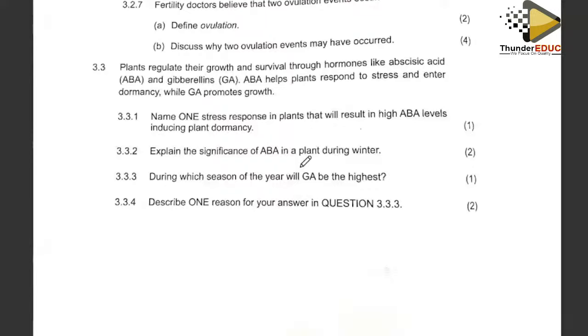Name one stress response in plants that will result in a high abscisic acid level, introducing the plant to dormancy. So, what can I say here? They're saying that they just want one stress response. So here it could be availability of water, it could be parasites, it could be the coldness, it could be the level of light, it could be transpiration.